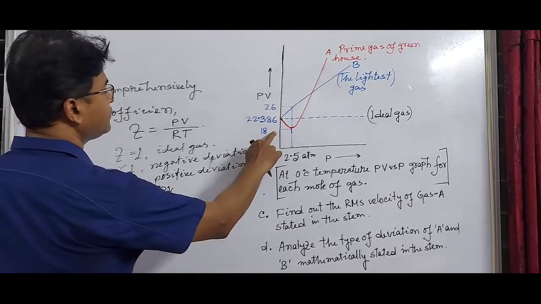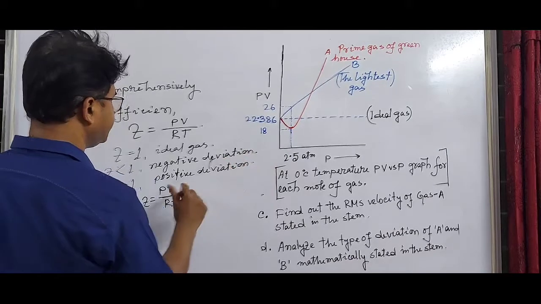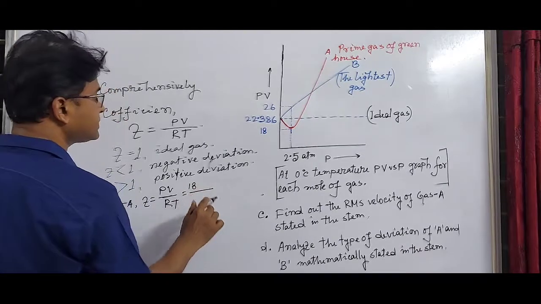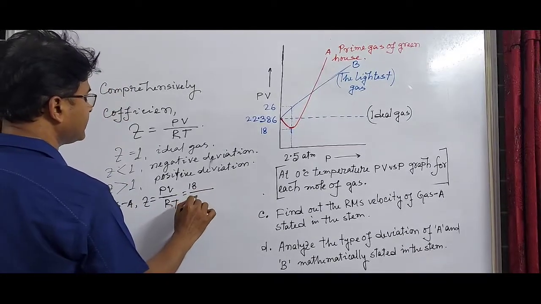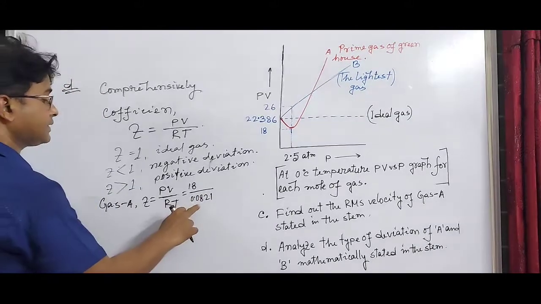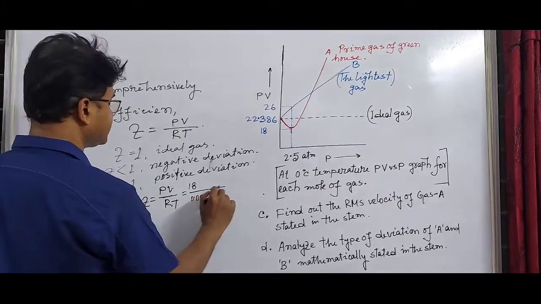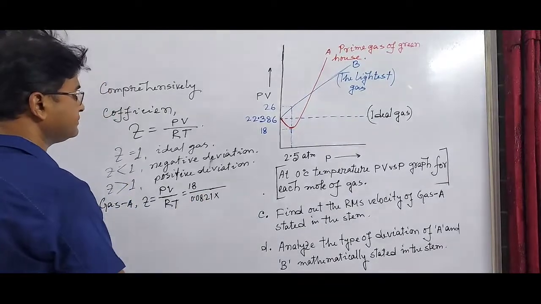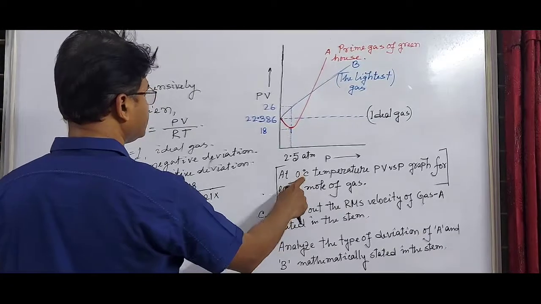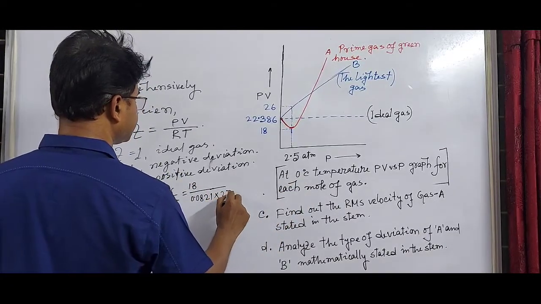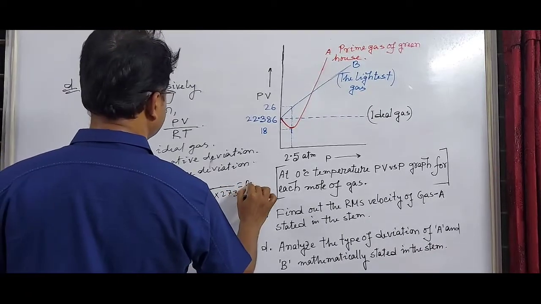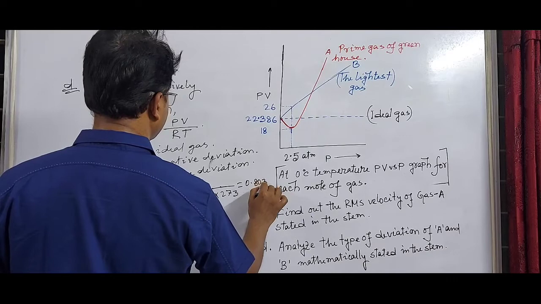Here the value of PV is 18 and R is 0.0821 liter atmosphere Kelvin inverse mole inverse, and the temperature T is 0 degree centigrade, I mean 273 Kelvin. So Z is equal to 0.803.